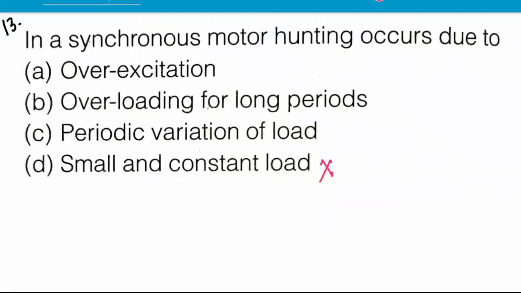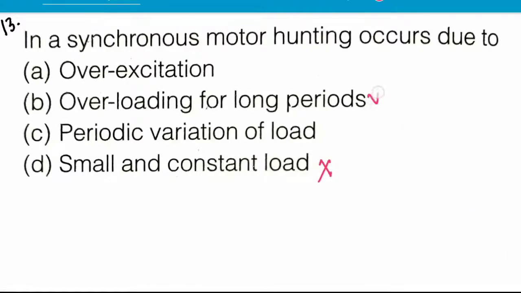Due to overloading, initially there will be hunting, but over a long period the hunting will be normalized, so this is also not the option. Overexcitation is clearly not the option. So the answer is periodic variation of the loads.